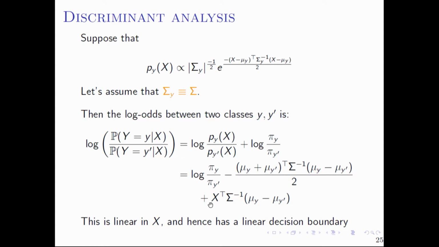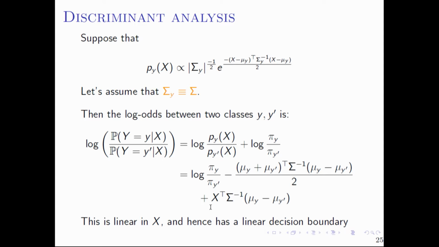If you calculate these things, the mu for y and y dash and the shared sigma, then the whole function has some constants, and this part is some constant, and it is linear over X. So again it is a linear function.